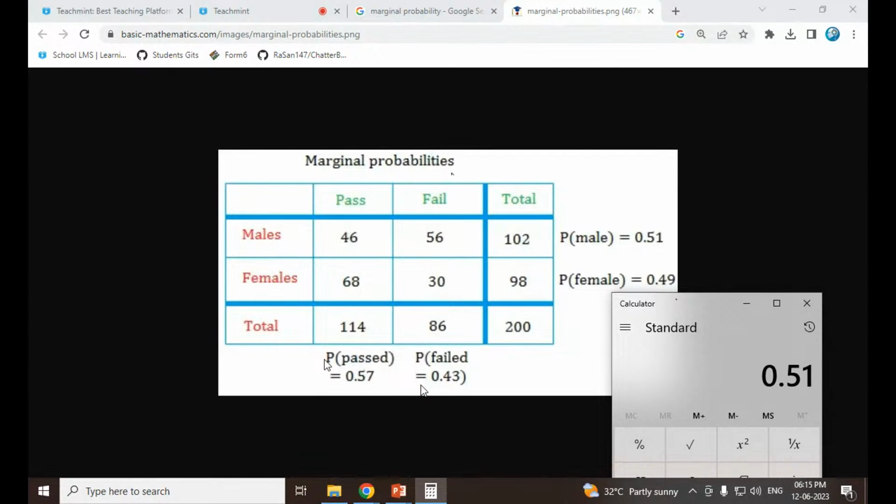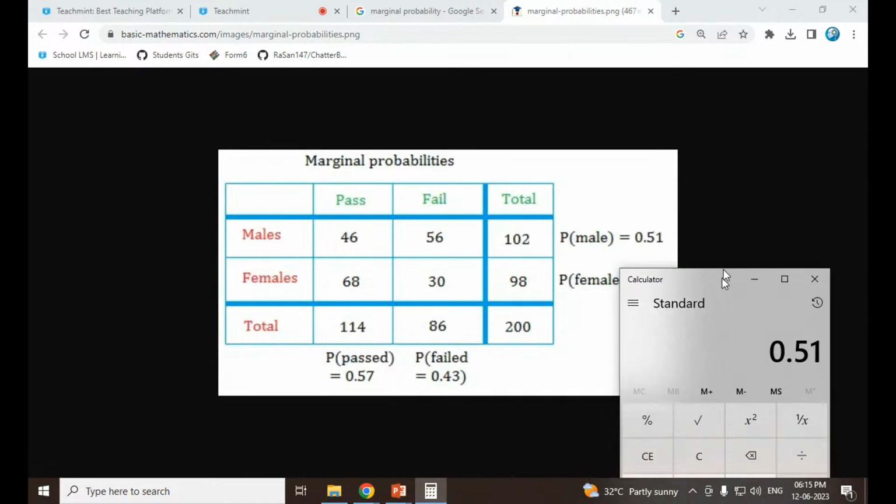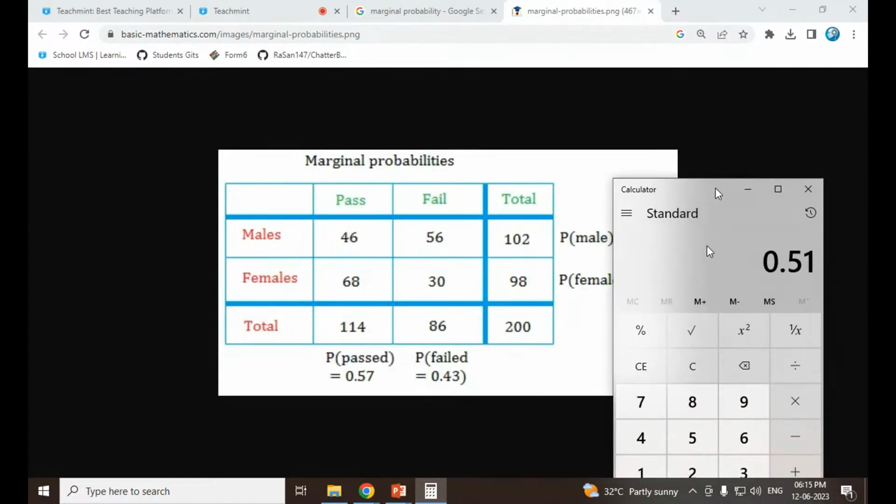So, the probability of passed students. How many of them passed, irrespective of gender, male or female? We have 114 people who passed and 86 who failed. So what is the probability of passing? 114 divided by 200 gives me 0.57. 57% of people have passed. 100 out of 200 means 50%, and 14 extra.